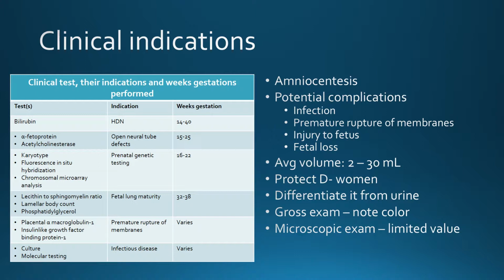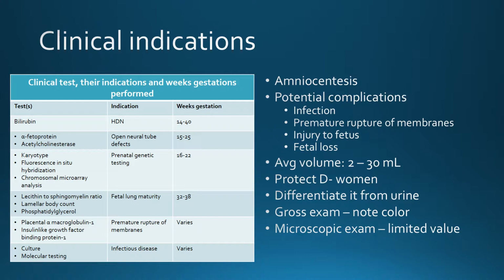Now we do not really do a microscopic exam, with the exception of potentially a lamellar body count. There's not really a lot of value. We don't get cell counts out of amniotic fluid, so this is unique in that sense. Mostly what we want to figure out is if this pregnancy is in distress, if there's a reason why we should allow this baby to be born early by cesarean.